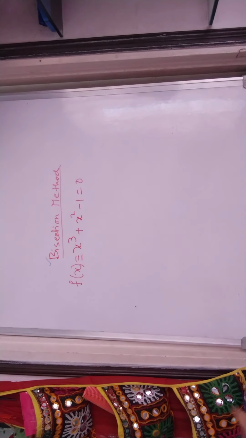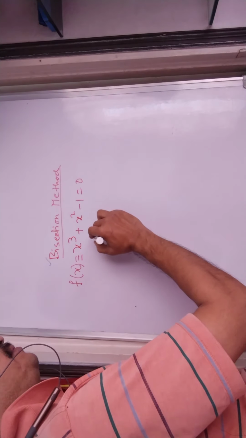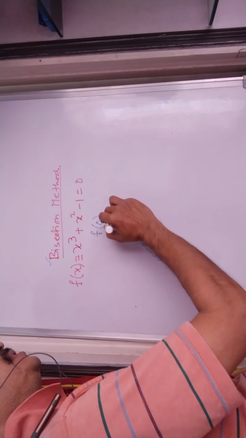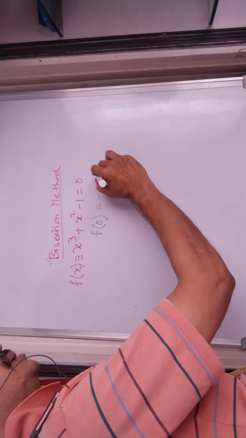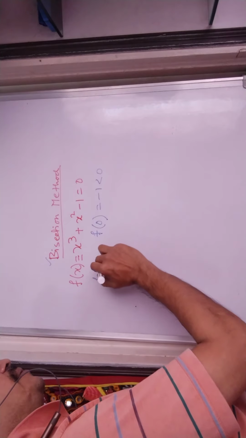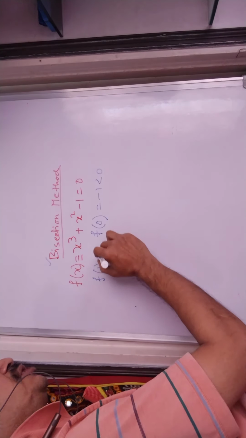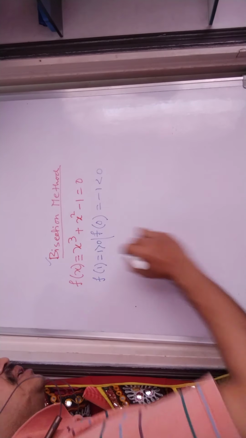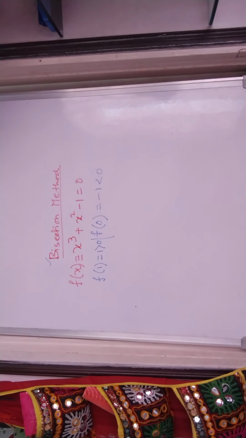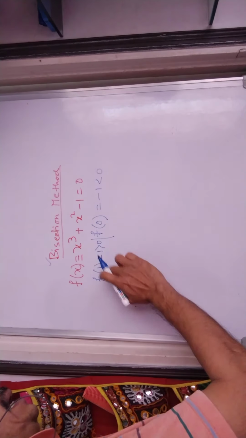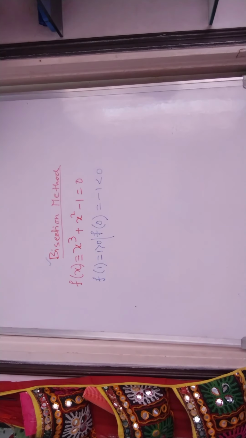How? Just see that here f(0) is minus 1, negative, and f(1) is positive. f(1) is 1, so it is positive. It's very simple to check that f(0) is negative and f(1) is positive.